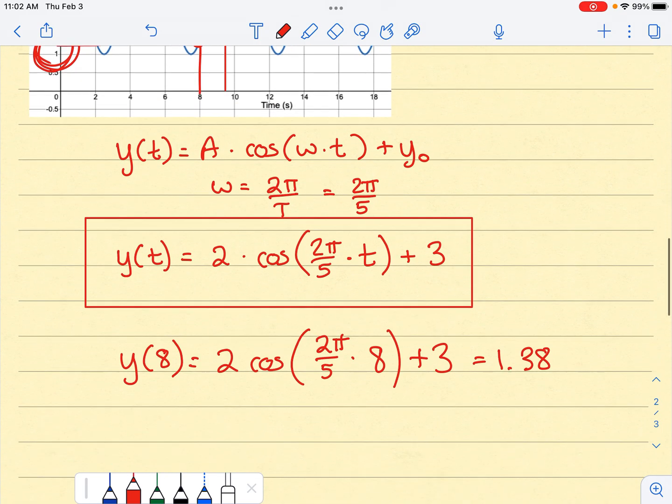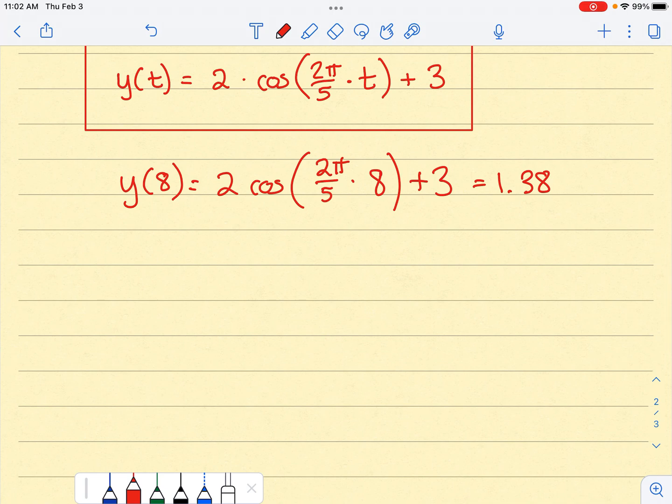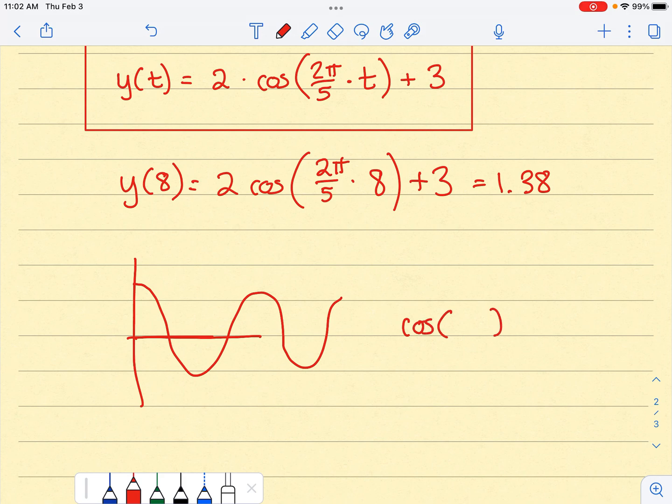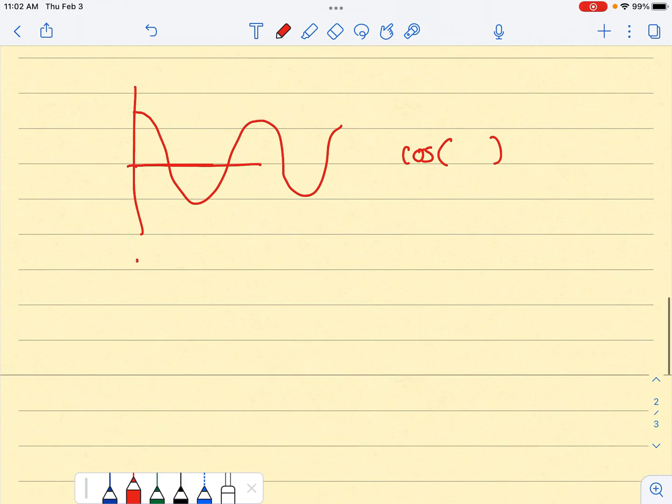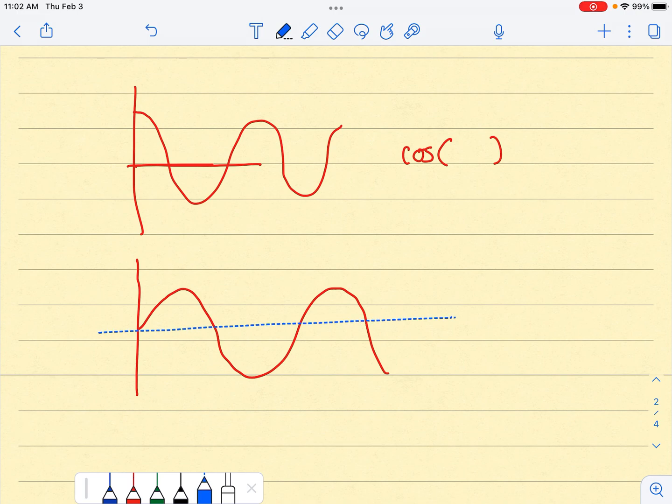Okay, so just a quick reminder: if the function starts at its maximum and then goes down and up and down and up, that's a cosine function. On the other hand, if it starts at the equilibrium position and goes up and then down and then up and then down, like this one, which started at its equilibrium position, then that tells you it is a sine function.